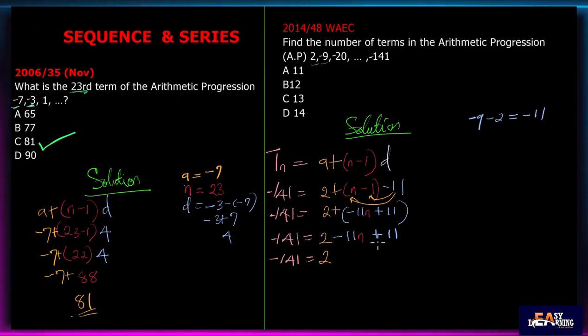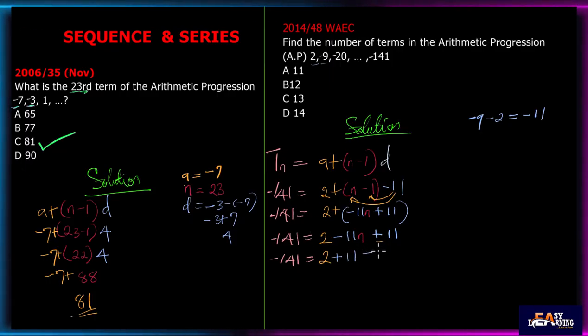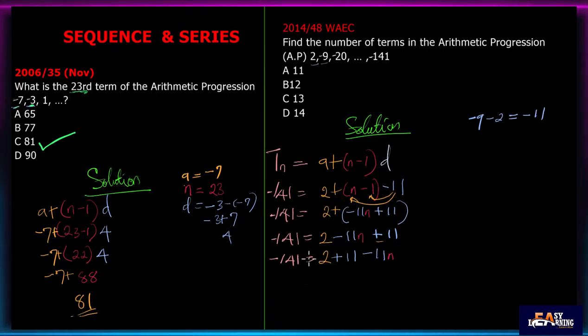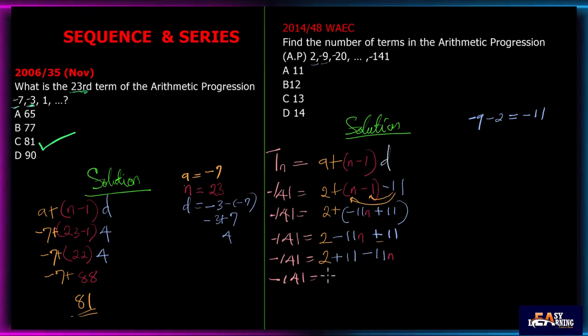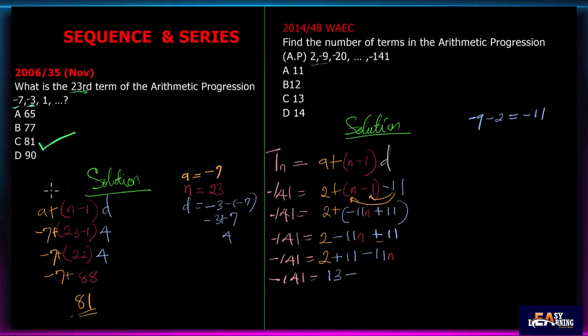We have 2 plus 11, and then minus 11n. You can add it up: minus 141 equals 2 plus 11, that gives us 13, and we have 13 minus the 11n that remains with n.